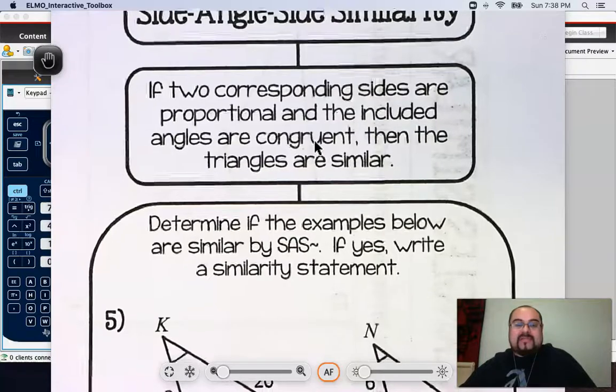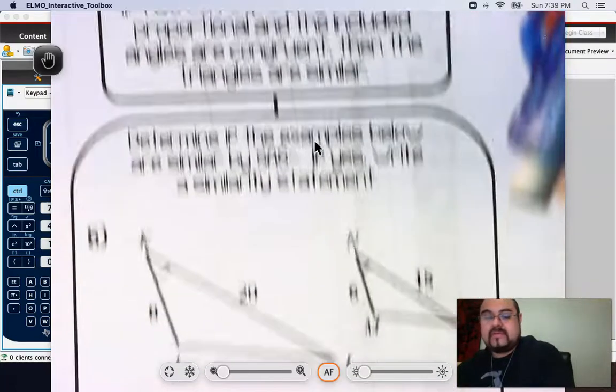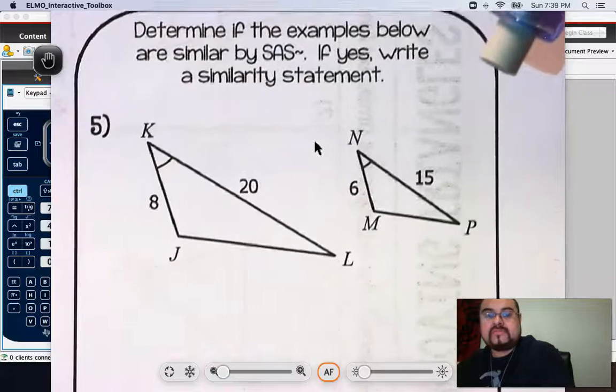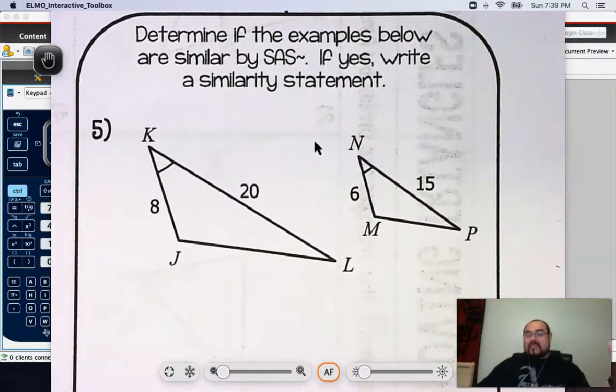So it says here, determine if the examples below are similar by SAS postulate. If yes, write the similarity statement. So this one, we're going to be checking angles and checking sides. The first one we were just checking two angles. The second one we were checking three sides. Here we have to check two sides and an angle. And again, that angle has to be included.